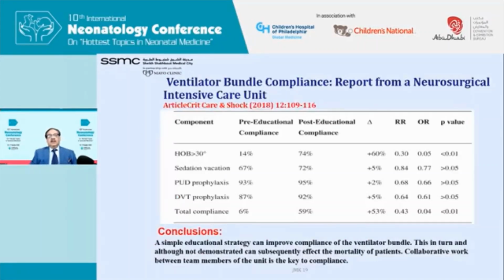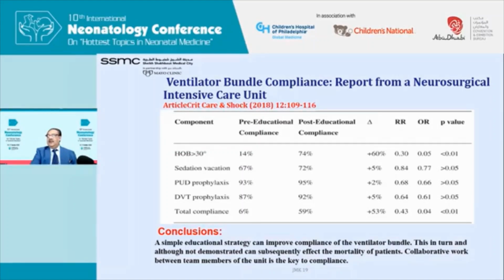Now, there's some data from 2018 in an article in Critical Care and Shock presenting a ventilator bundle compliance report from a neurosurgical intensive care unit, and you can imagine the acuity of that unit is very, very high. And what they found was the pre-educational compliance and the post-educational compliance. They concluded that a simple education strategy can improve compliance of the ventilator bundle.